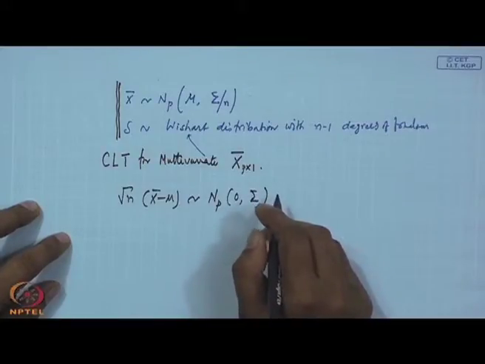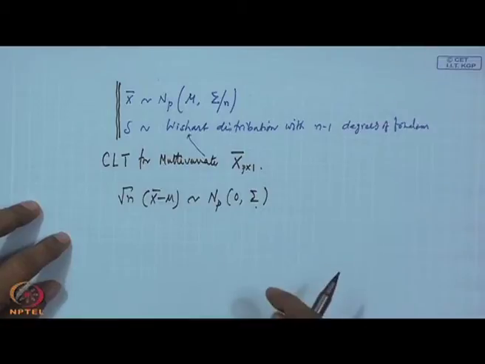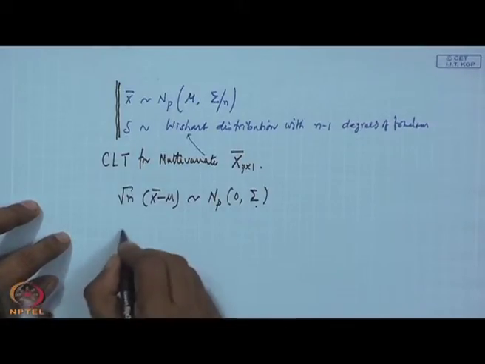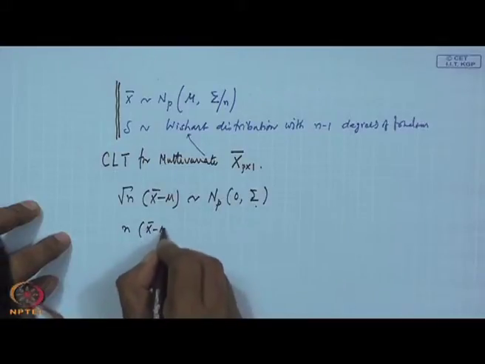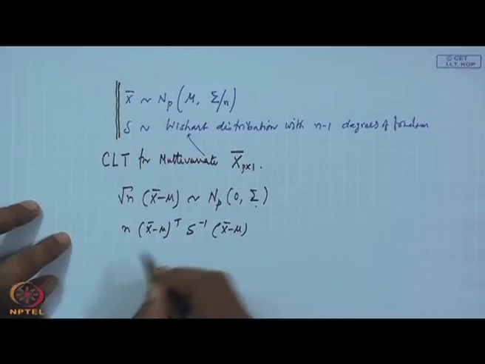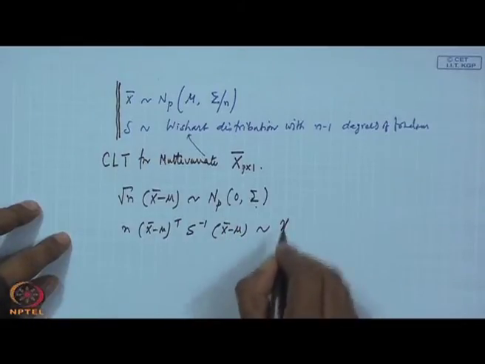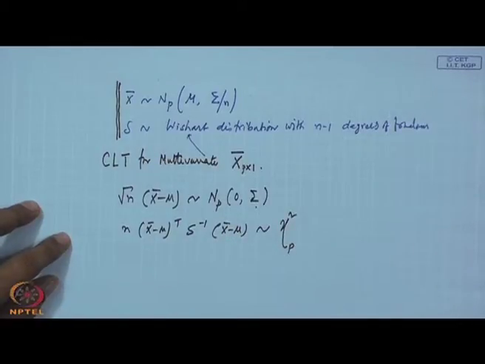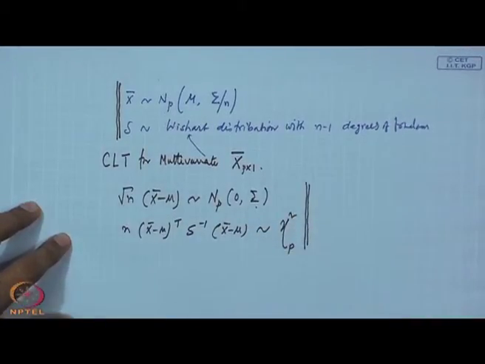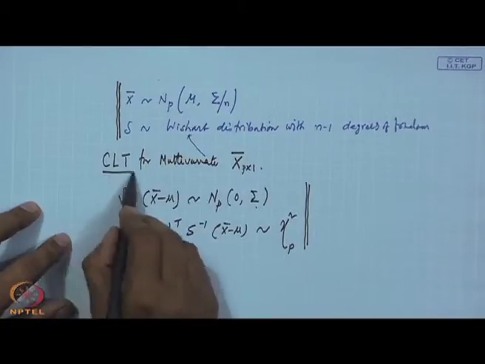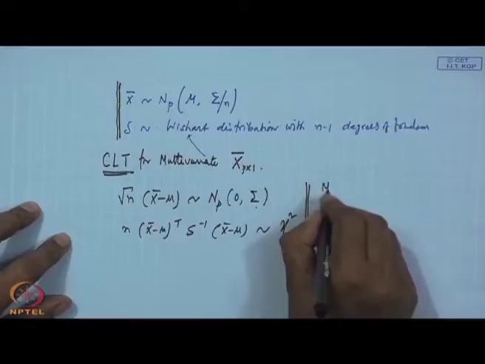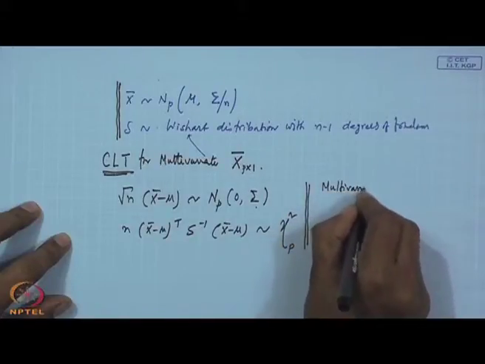Last class some of you have seen this. And also we have seen that n times x bar minus mu transpose S inverse x bar minus mu follows a chi-square distribution. That is the multivariate central limit theorem.